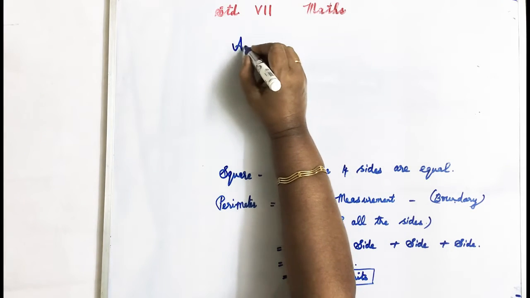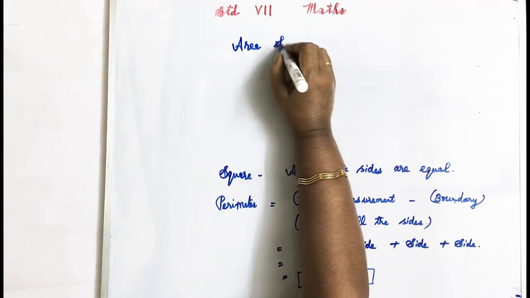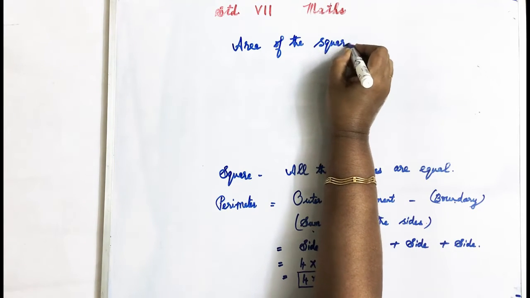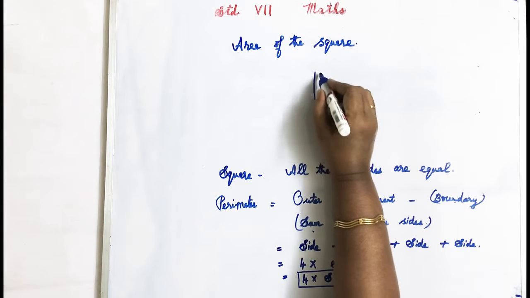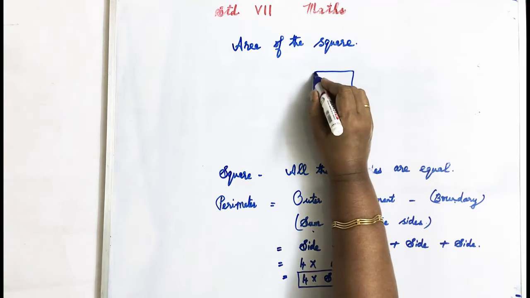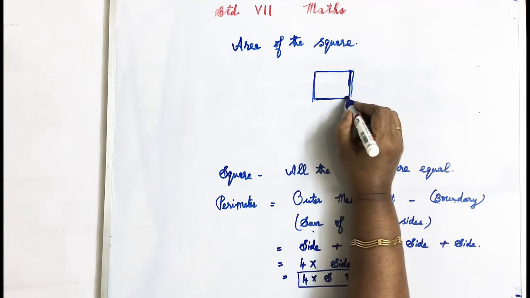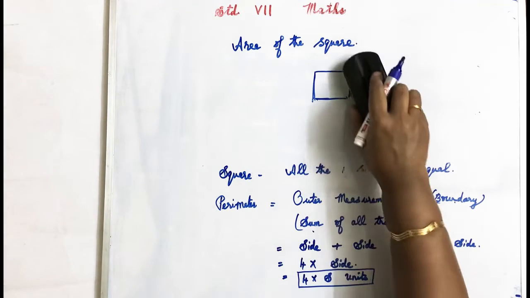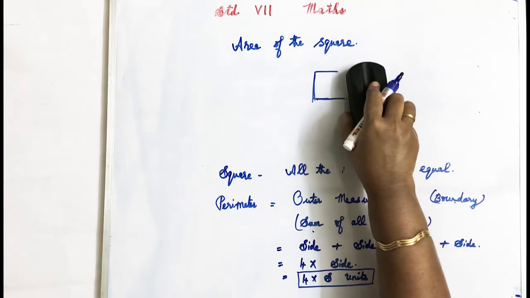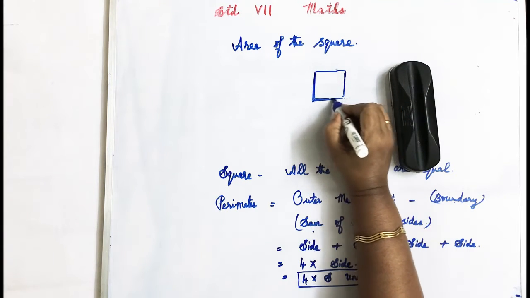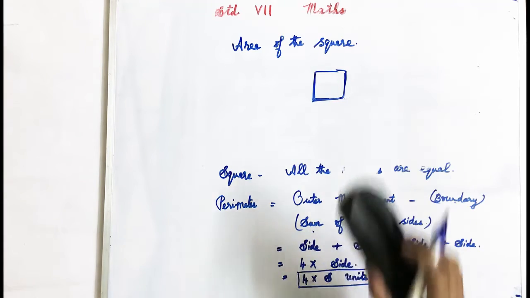Next we are going to see area of the square. This is the square. Now all the 4 sides are equal.